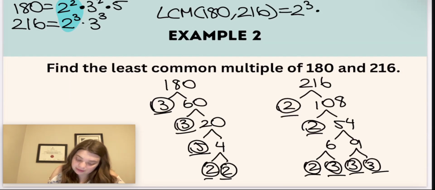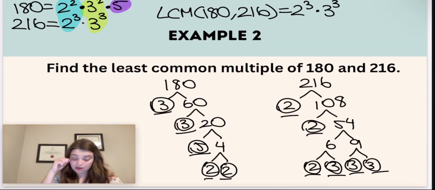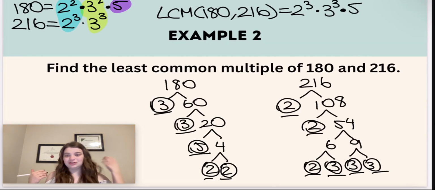Then we have another repeat here for 3, with 3 squared on top and 3 cubed on the bottom. And so once again, whenever we have a repeat, we go with the higher multiplicity, so 3 cubed in this case. And then for 5, it is not a repeat. So 5 to the power 1, which is just 5, is bigger than 5 to nothing. So we're just going to put 5 there because there's not really a competition there at all.